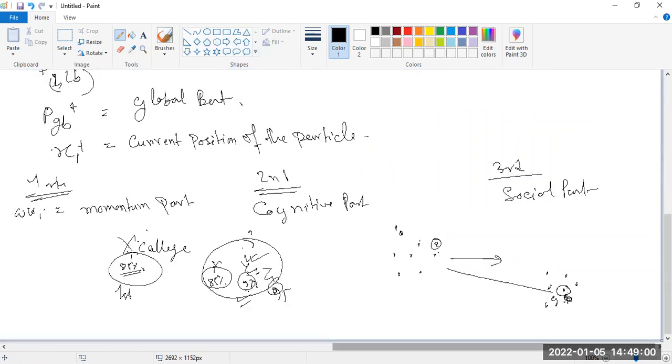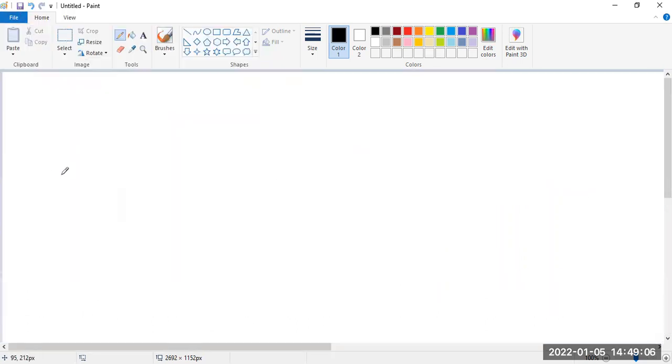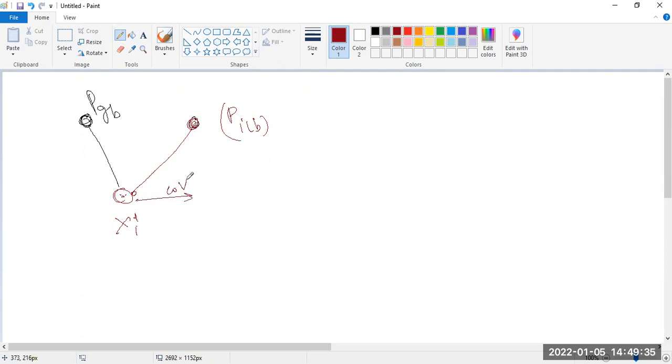Now in another slide, if we go for a vector formula, say this is the global best PGB, and this is the local best, PILB, and this is our XI at T, meaning our current position. So this is going on, this is omega VI.